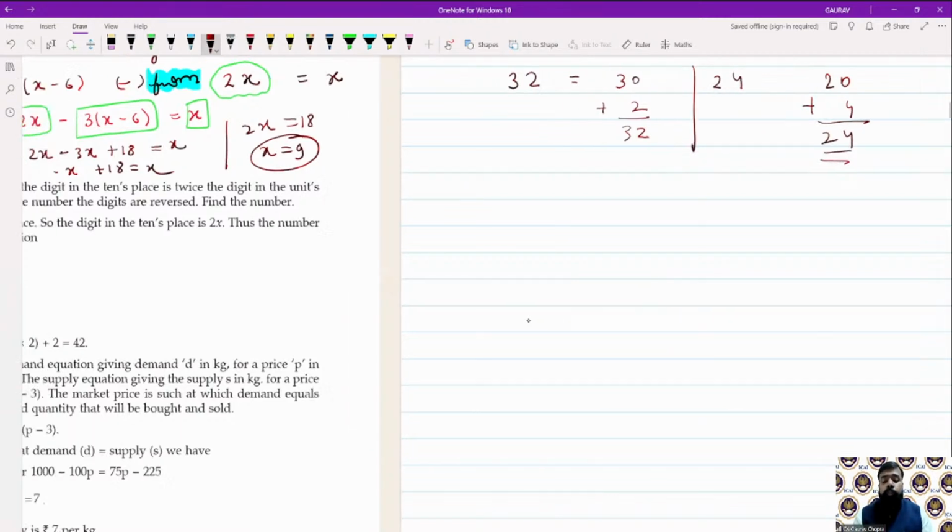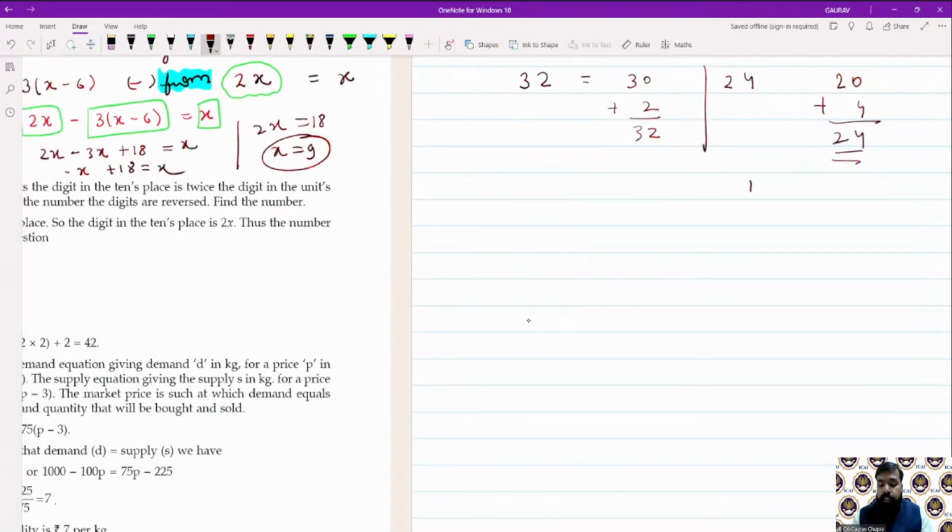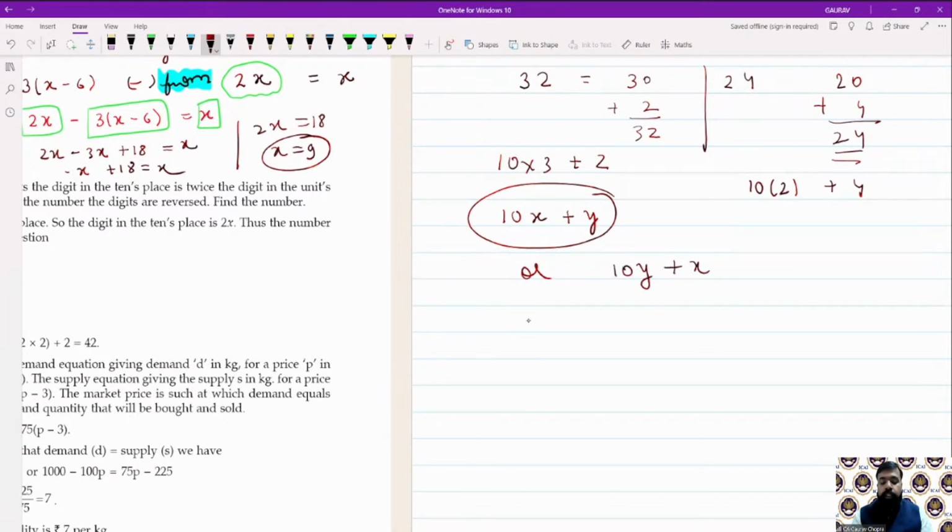So in terms of place value, these are written as 10 multiplied by 2 plus 4. 32 is written as 10 multiplied by 3 plus 2. So in general terms, it is written as 10 of x plus y, or we can say 10 of y plus x.